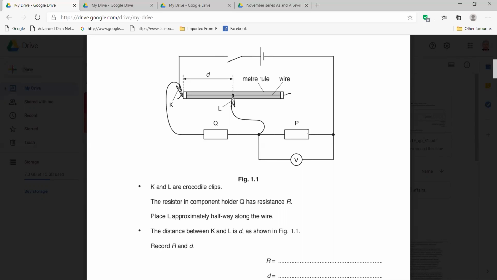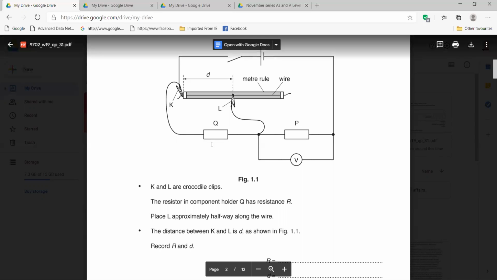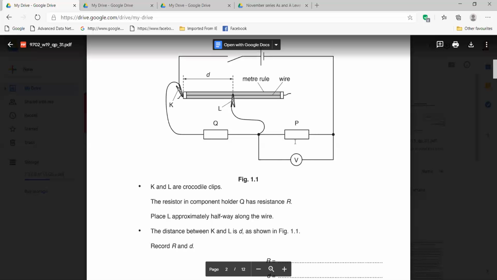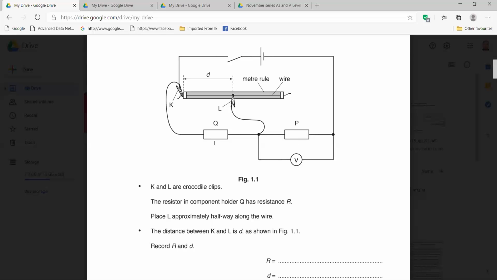So according to the potential divider rule, the voltage reading you will get here will be less now, because the ratio becomes smaller here and bigger here. Previously it was 22 and this one was 10, right? And now Q is 32 and P is 10.